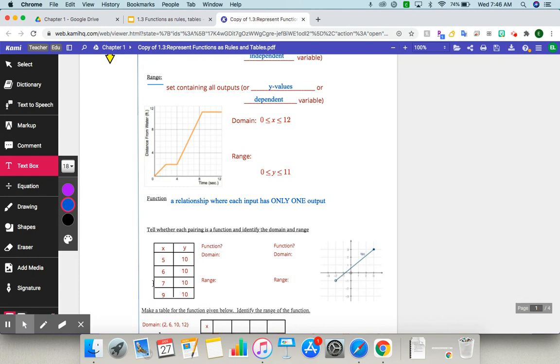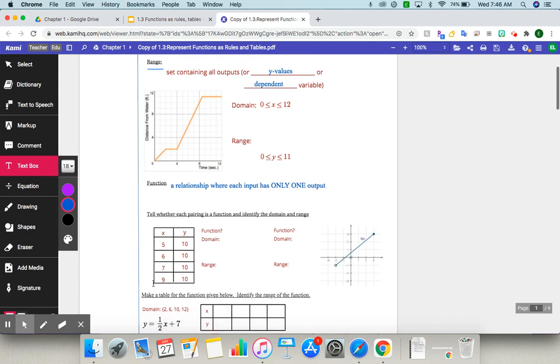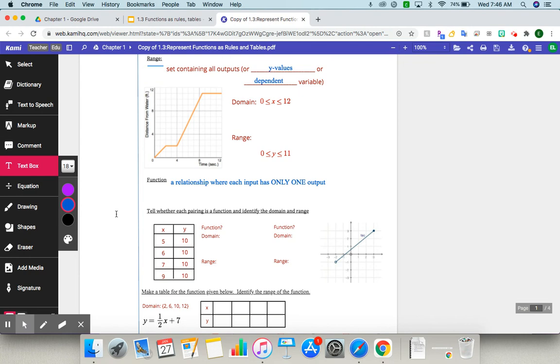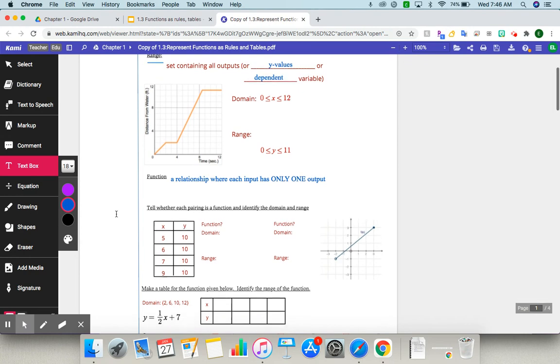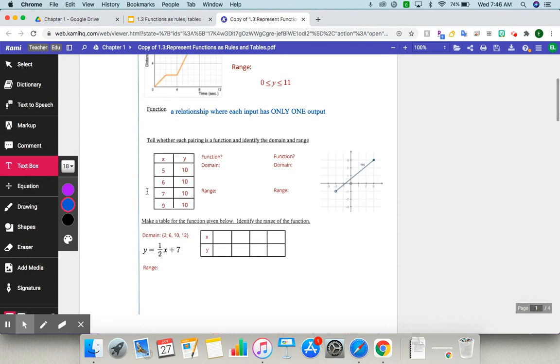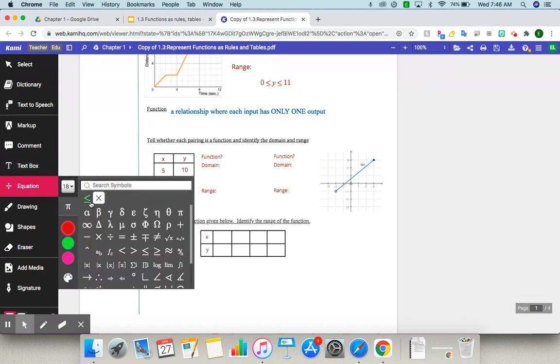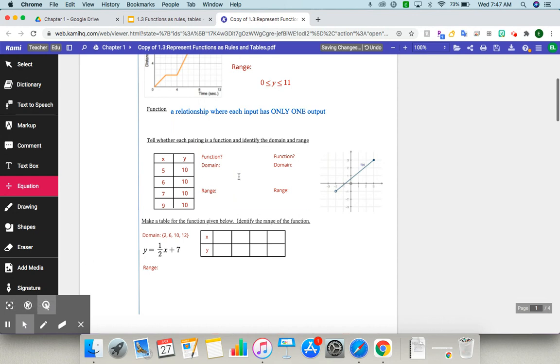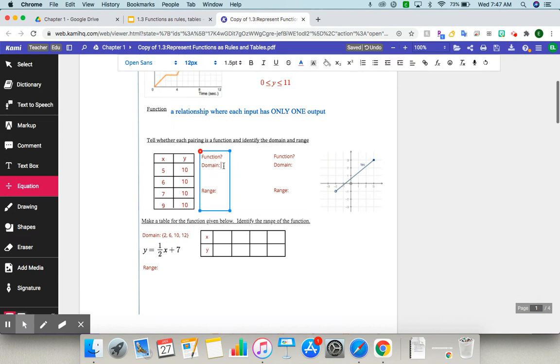So next, we're going to take a look at times where a relationship may be a function or it may not be a function. So looking at this table, we have our domain and our range, so we can actually define that first. At this point, I'm not sure if the domain includes values between these numbers, so I can simply list the numbers themselves.